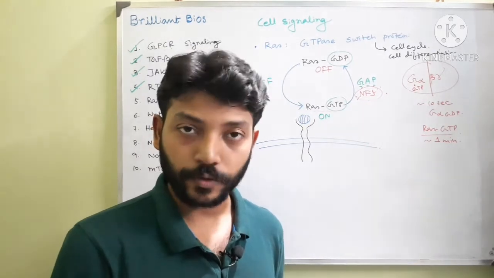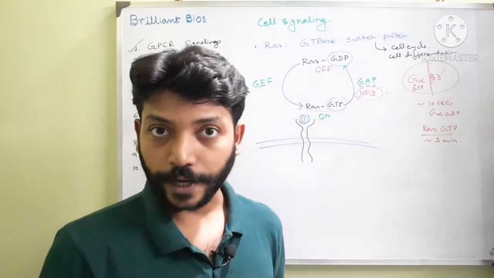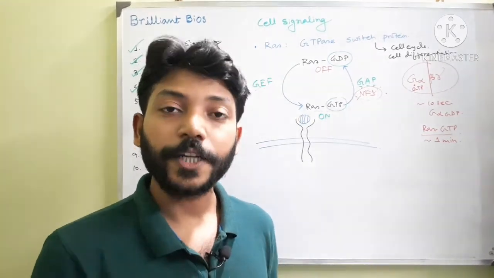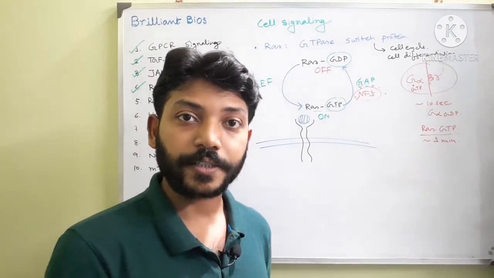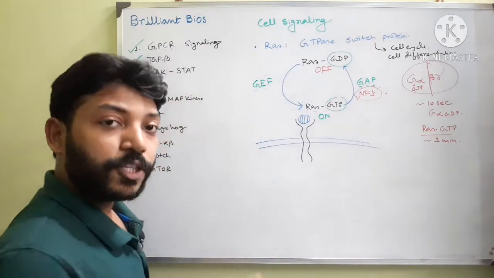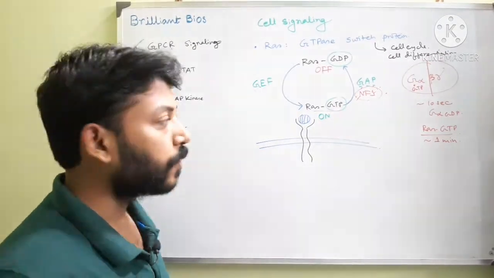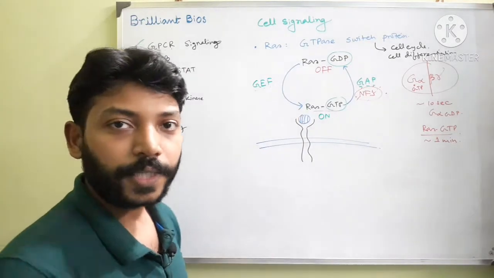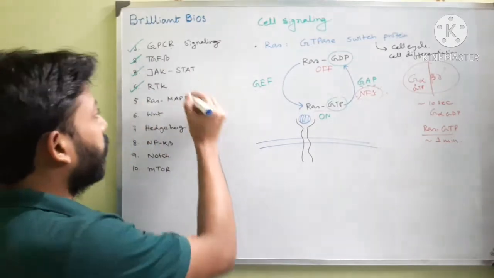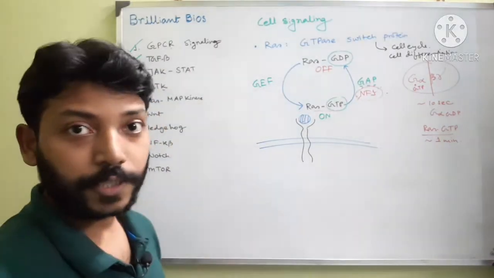It could be the hormone insulin, epidermal growth factor, VEGF meaning vascular endothelial growth factor, PDGF meaning platelet-derived growth factor, NGF meaning nerve growth factor, and FGF meaning fibroblast growth factor. So there are different growth factors that can activate this RTK pathway. I have mentioned this in my RTK class, so I will not go into details.